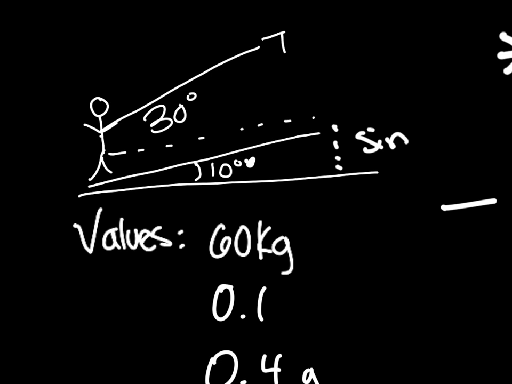You might say, why is that? Well, this is why. He might weigh 60 kilograms on a regular platform, but when he is inclined, his weight is distributed unproportionally, giving it a false sense of weight. So you have to multiply it by sine of 10, which is the angle, to get his actual weight. And if you multiply that amount by gravity, then you'll get the force that's being pushed down upon him.